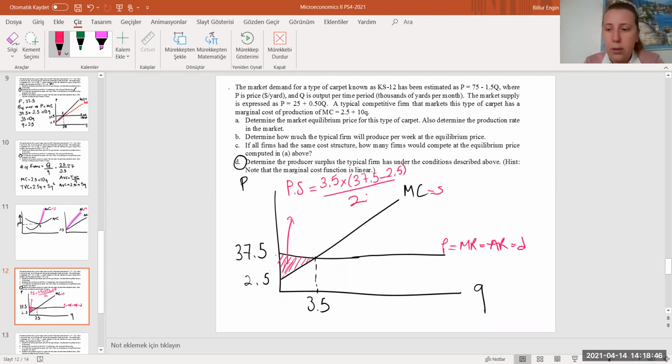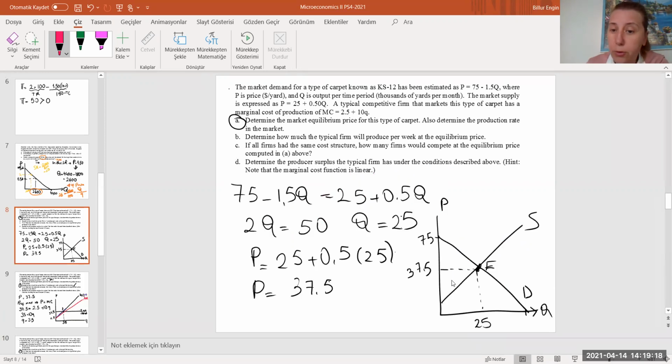So it is 61.25. So the producer surplus for this firm is 61.25.